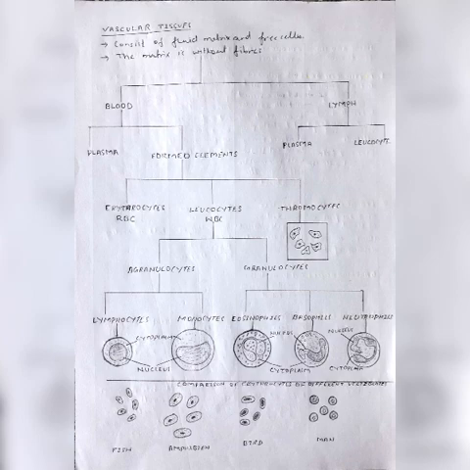The leukocytes, or WBC, are divided into agranulocytes and granulocytes. The names are clearly written here.